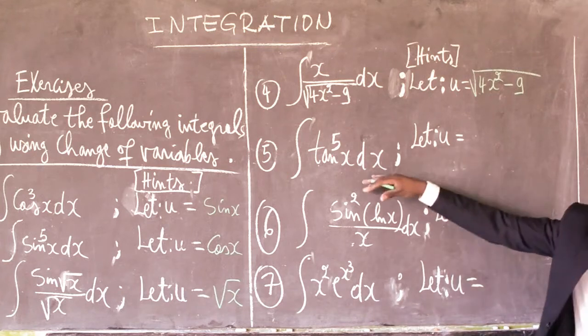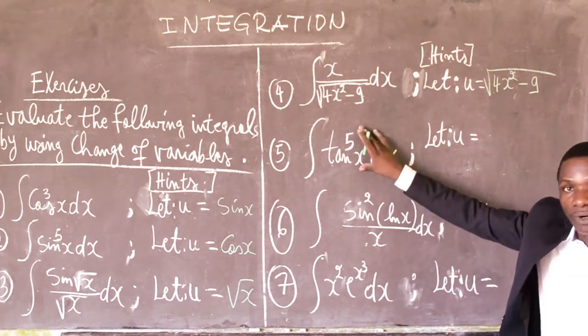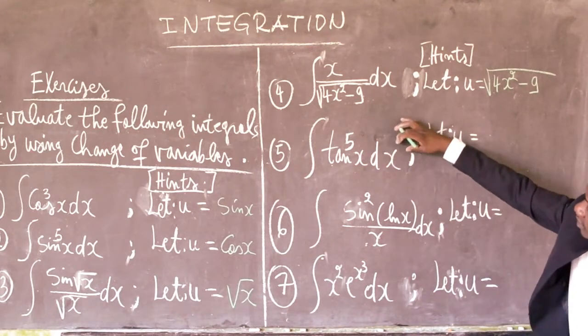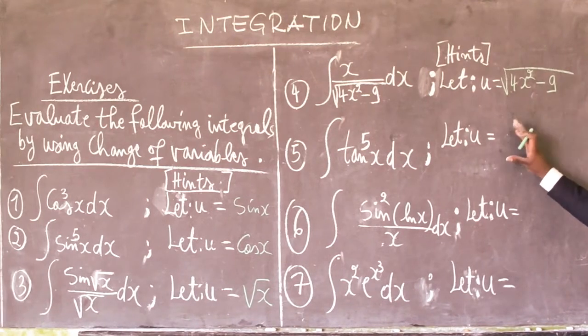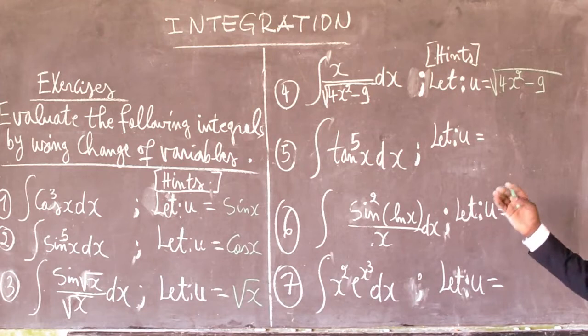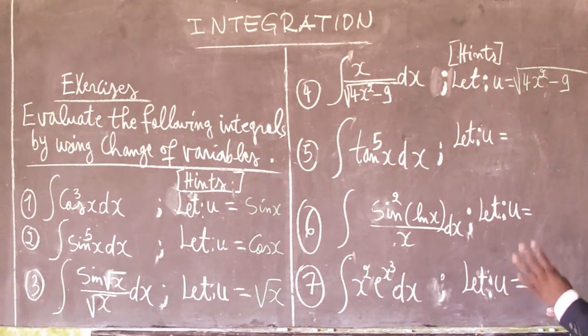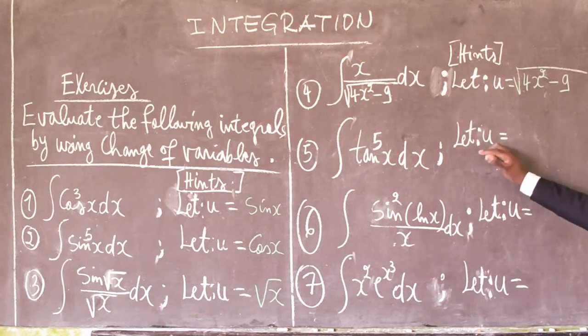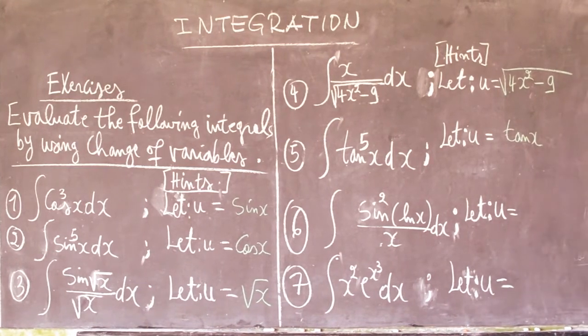So, for number 5, we get the integration of tan^5 x dx. Let us consider u equals tan x. Then we continue by applying some trigonometry formulas. We can evaluate this integral easily. We consider u equals tan x. Then we change the variable.